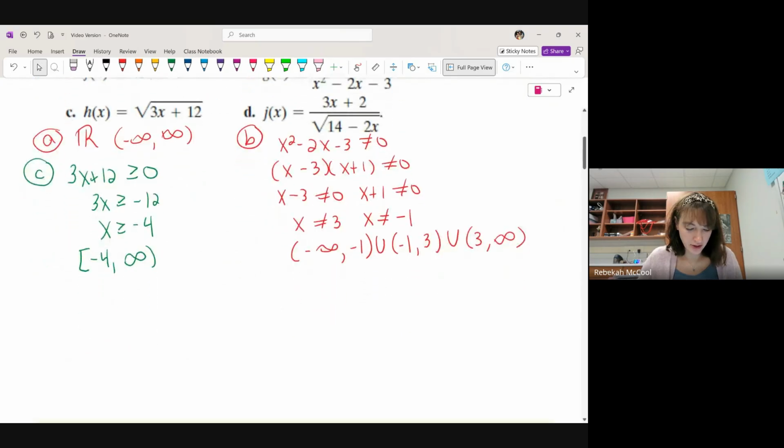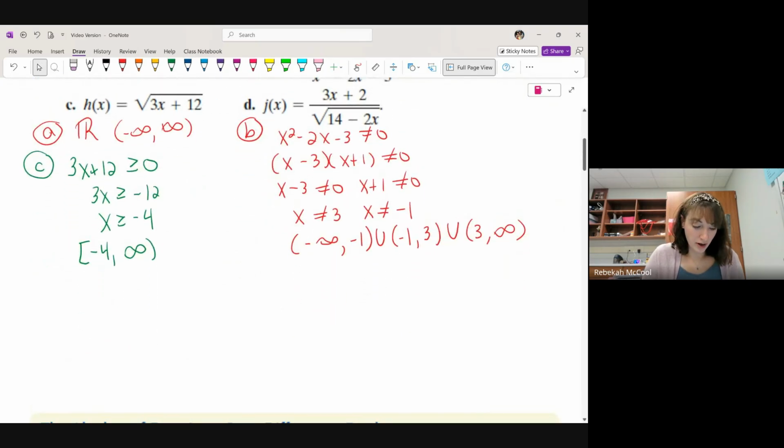But you'll notice in D, we actually have more things going on, because I have a situation with both of my problems. I'm dividing by a variable, and that variable actually ends up being in a radical. So I have to make sure the stuff under the radical is positive, but this time I cannot be equal to 0, because that would cause a dividing by 0 error.